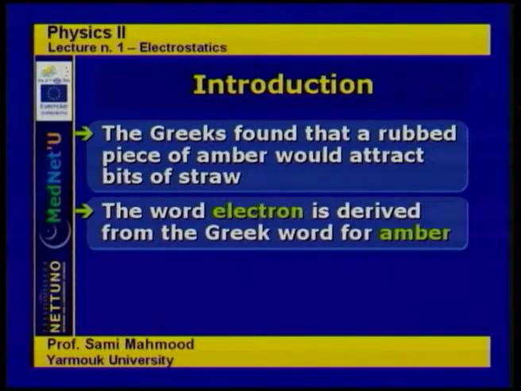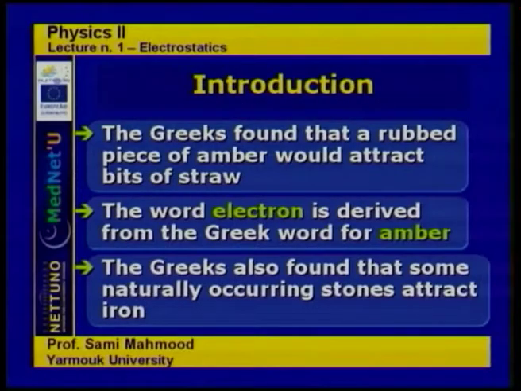In a sense, the amber acquires some sort of ability to attract, to apply force on other objects upon being rubbed. The word electron, the name of this particle, the well-known particle in the atom now, is actually derived from the Greek word for amber. And this is the original observation for the electricity and the force of the electricity which is produced by amber being rubbed.